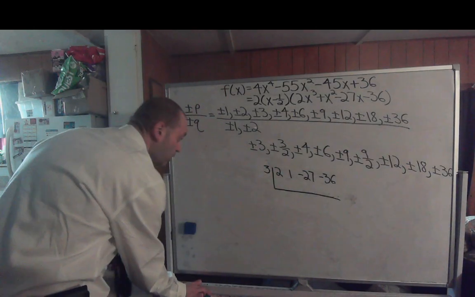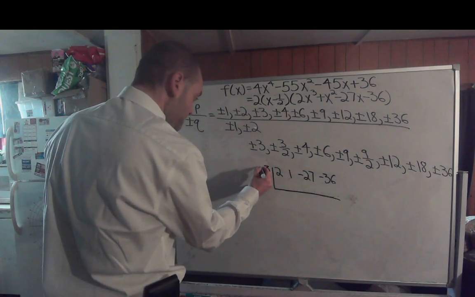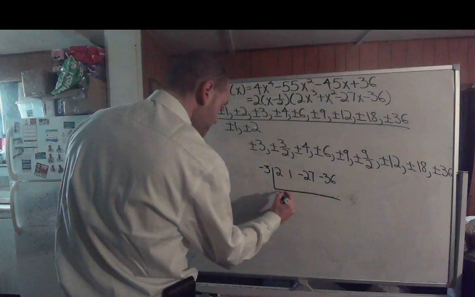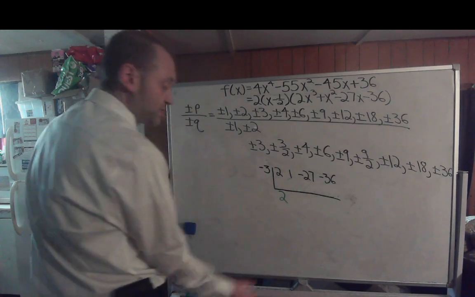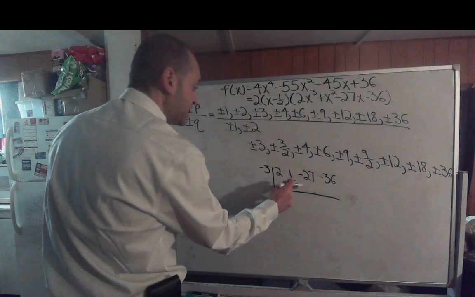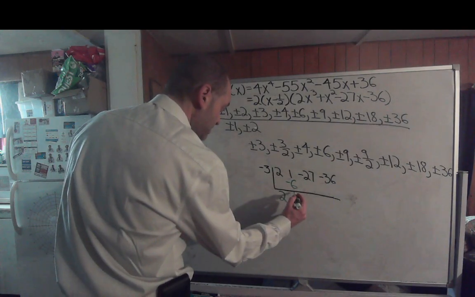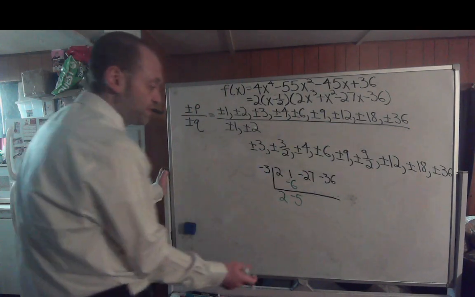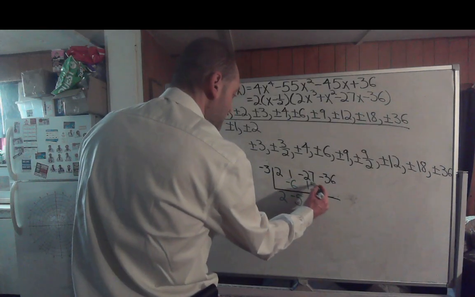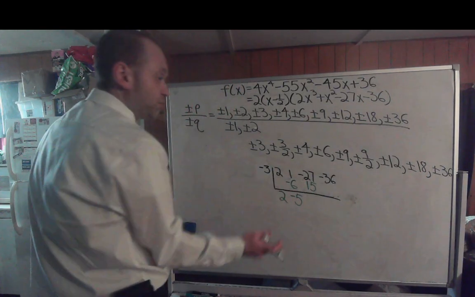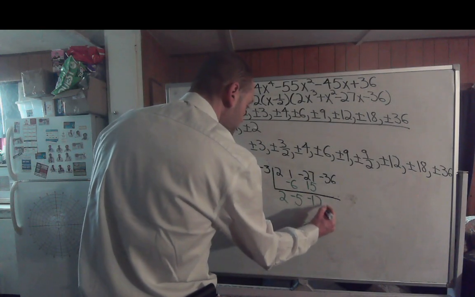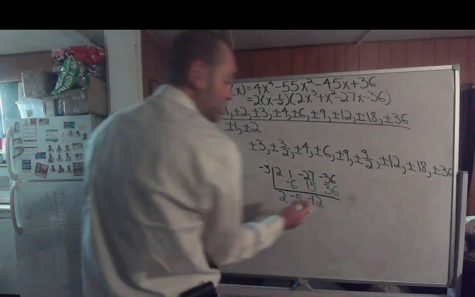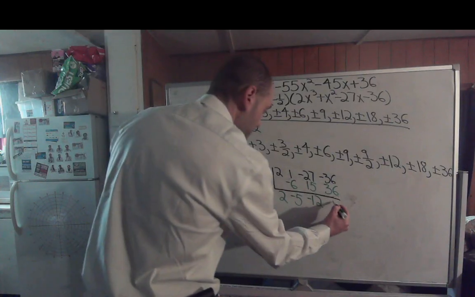All right, so bring down your 2. Negative 3 times 2 is negative 6. 1 minus 6 is negative 5. Negative 3 times negative 5 is positive 15. Negative 27 plus 15 is negative 12. Negative 3 times negative 12 is positive 36. Well, would you look at that? Negative 36 plus 36 is 0.